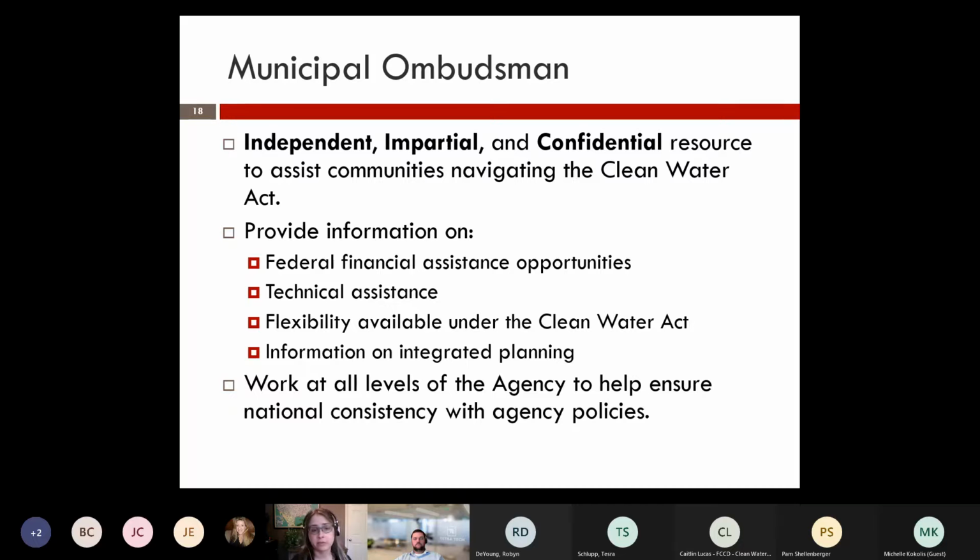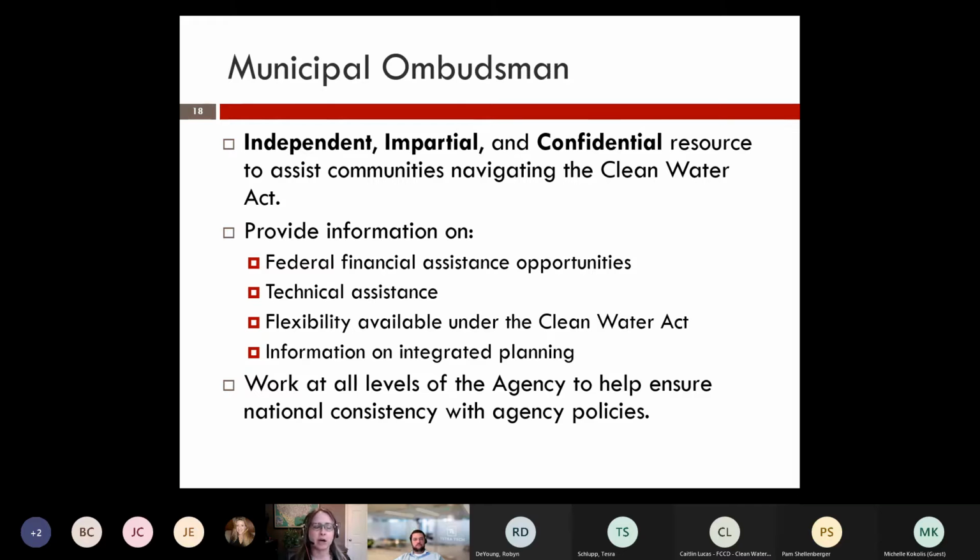And of course, the act gave me some very specific roles, like helping the administrator promote national consistency across all 10 EPA regions, and working directly with communities to provide information on things like federal financial assistance, technical assistance opportunities, flexibilities that might be available under the Clean Water Act, and of course, information on integrated planning. Which is why Robin graciously shared her session today.